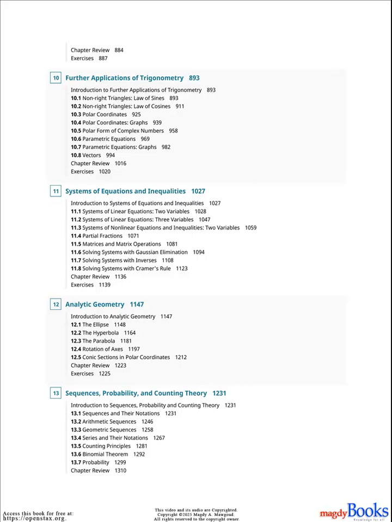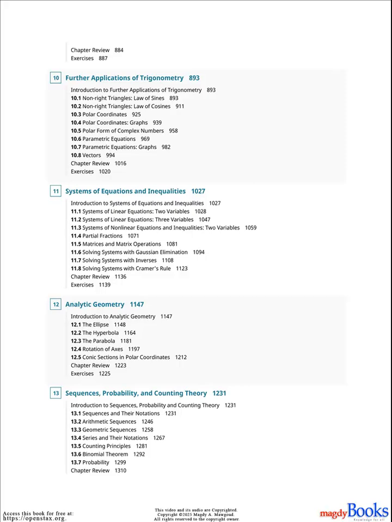Partial Fractions. 11.5. Matrices and Matrix Operations. 11.6. Solving Systems with Gaussian Elimination. 11.7. Solving Systems with Inverses. 11.8. Solving Systems with Cramer's Rule. Chapter Review. Exercises. 12. Analytic Geometry.